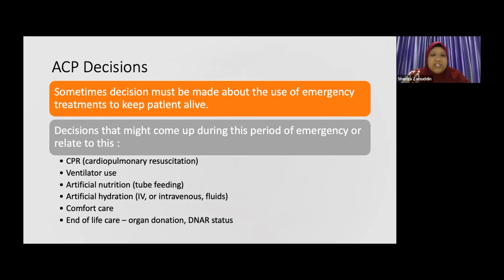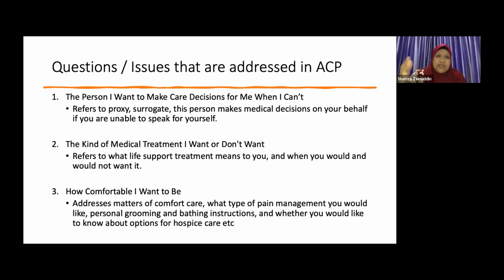Some of the decisions that may come up during this period include cardiopulmonary resuscitation like CPR, ventilation use, intubation, non-invasive ventilation, artificial nutrition such as tube feeding, NG feeding, artificial hydration, comfort care for symptom control, and even end-of-life care, which also includes organ donation and also the DNAR status. So I would now summarize the issues or questions that are usually addressed in ACP.